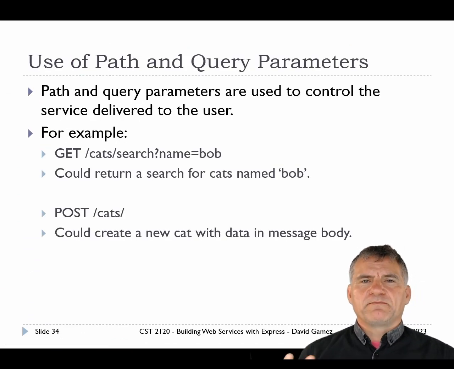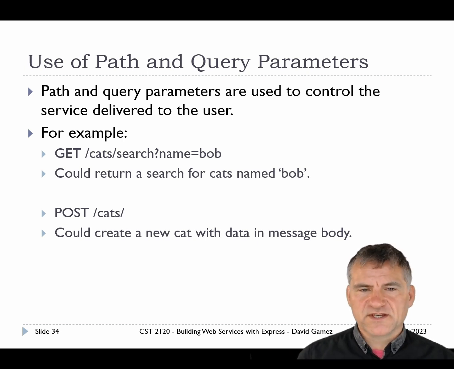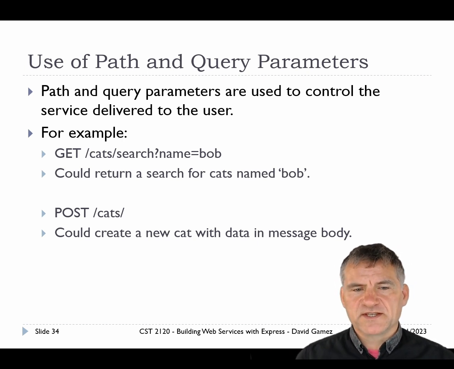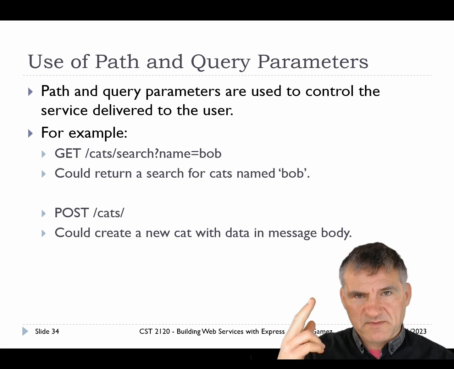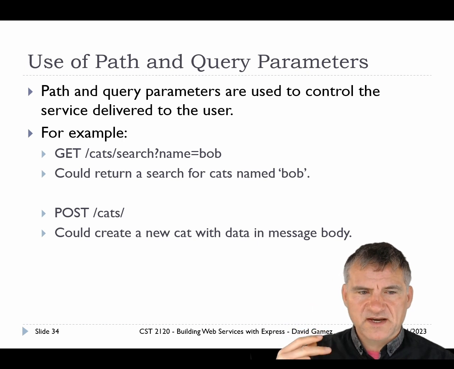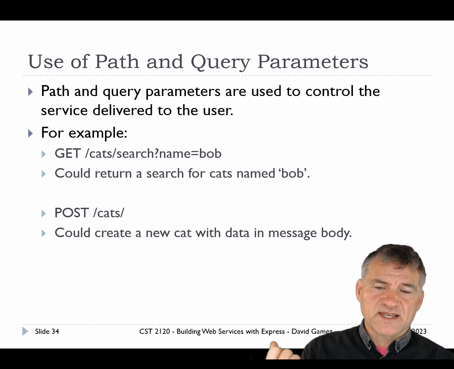Yeah, so if we were building a web service, we might use these path and query parameters to control the service that we're delivering to the user, yeah? So you might want GET cats search name equals Bob to return a search for cats that are named Bob, for example. Or if we do POST to cats, remember we can set up different HTTP methods for the same path, then we could create a new cat with data in the message body.